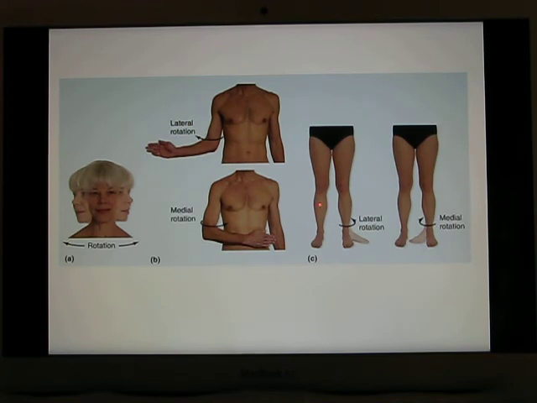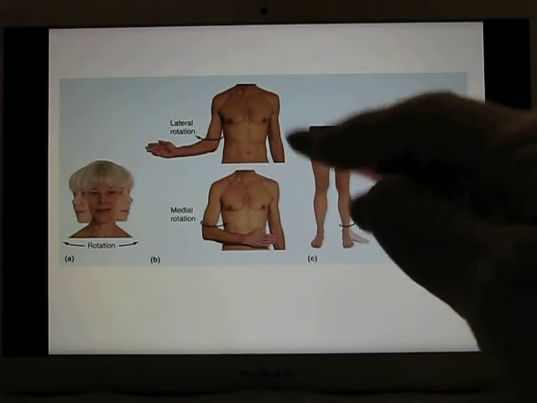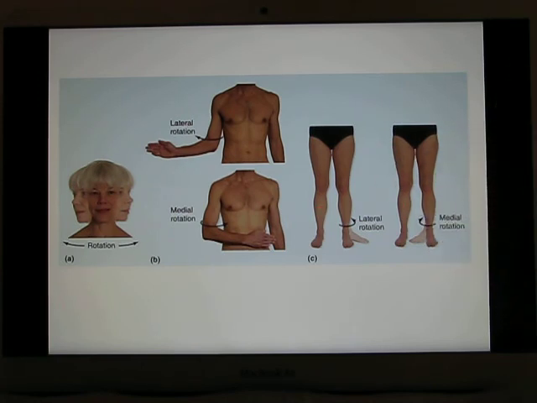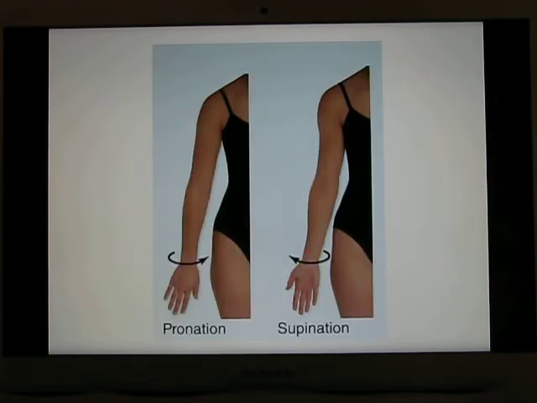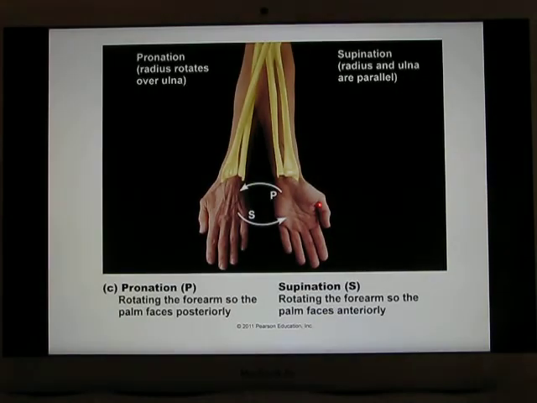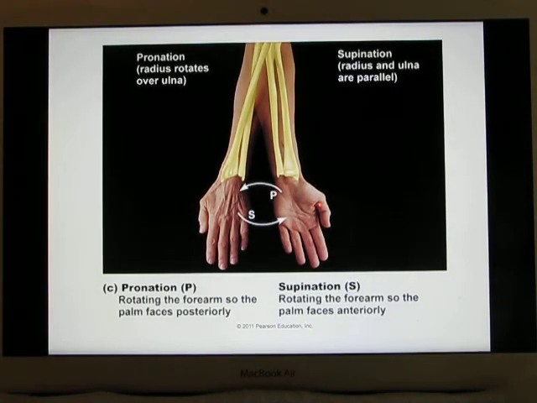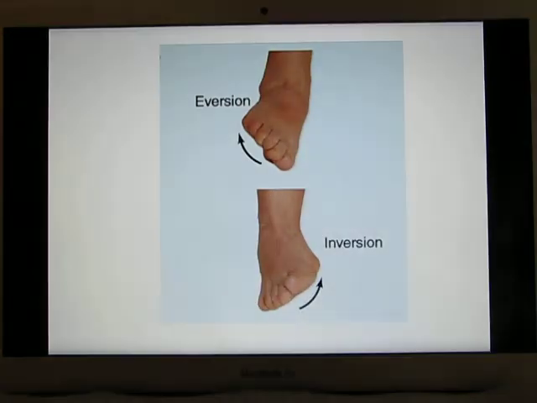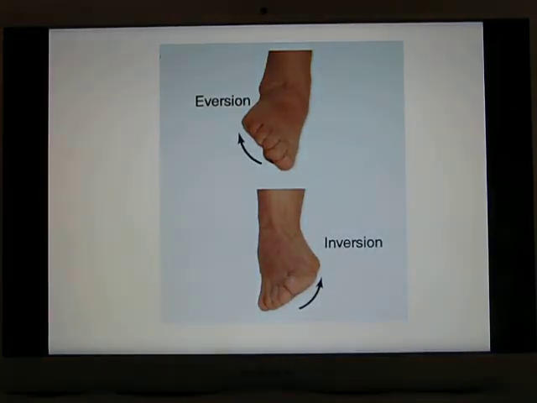Next one, rotation. With rotation, you can do medial rotation, lateral rotation. This one is called pronation, supination. So you can pronate your arm, supinate your arm. With your feet, you can do inversion and eversion.